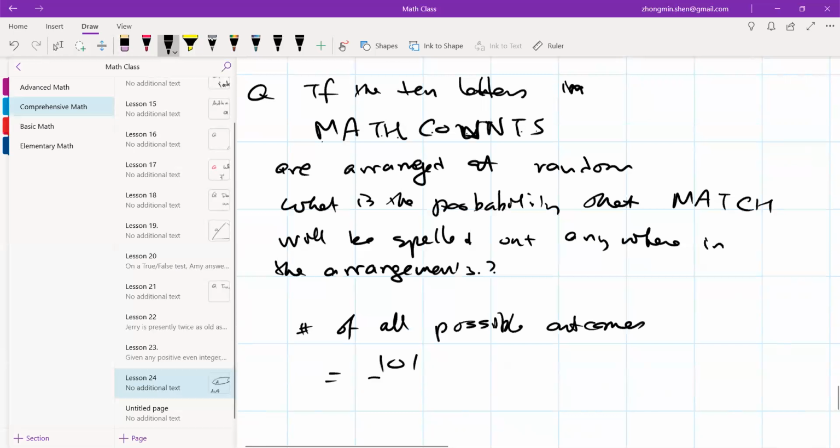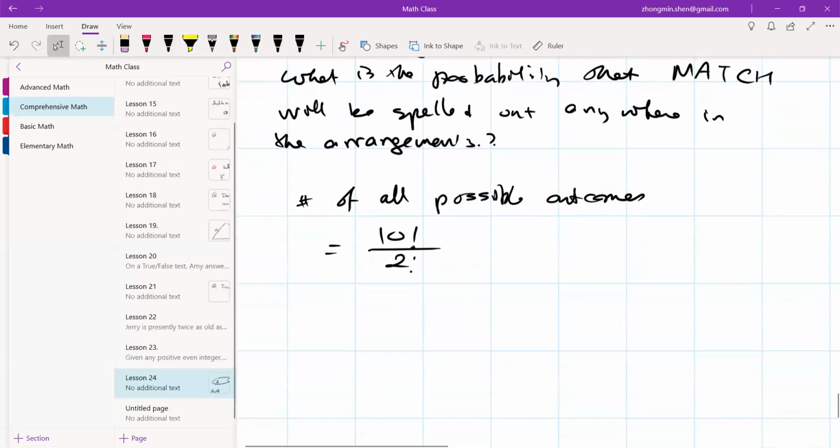So 10 factorial, and you also have 2 identical T's there, so divided by 2 factorial. This goes to the denominator. But the numerator is the trouble. You have to count the number of desired outcomes, but MATCH should be together.